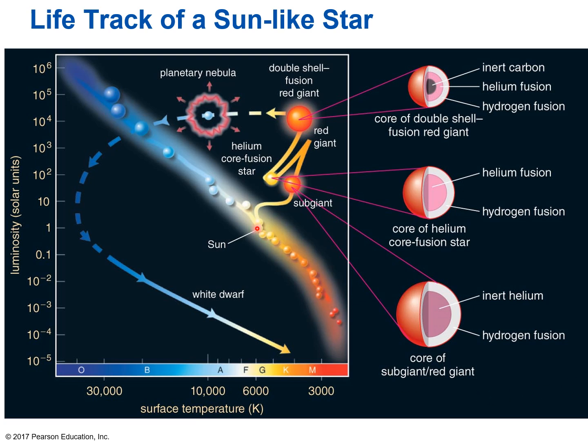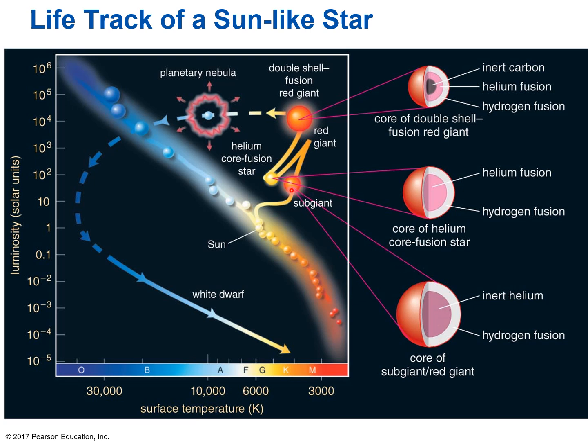It starts on the main sequence, and it goes up, and it becomes a subgiant. So we have right here, down and to the right, the core of a subgiant going into a red giant, inert helium with a hydrogen fusing shell.